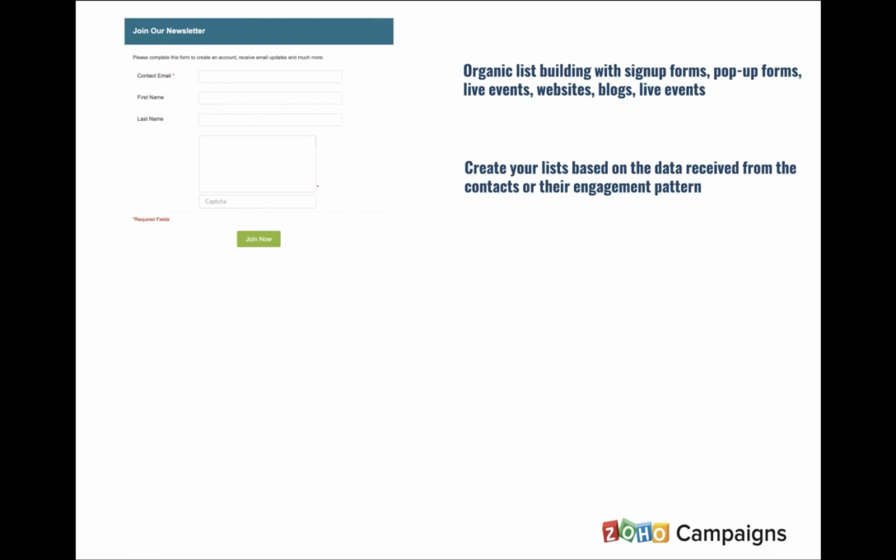And their engagement pattern will help you put their contact email IDs in that particular list or in another list based on their engagement pattern over the past few months or over the past period of time.